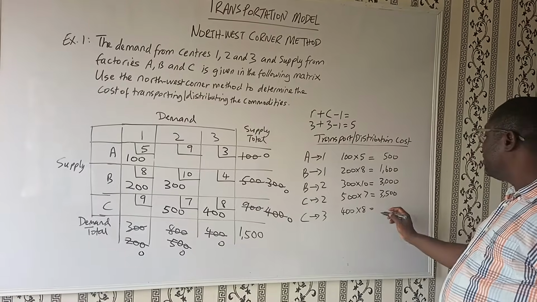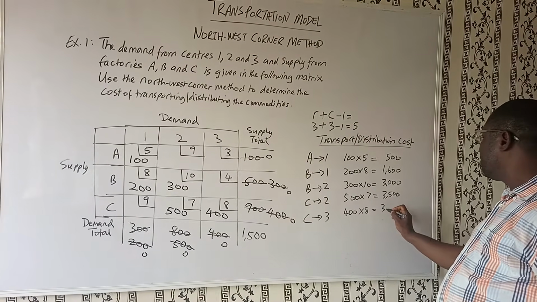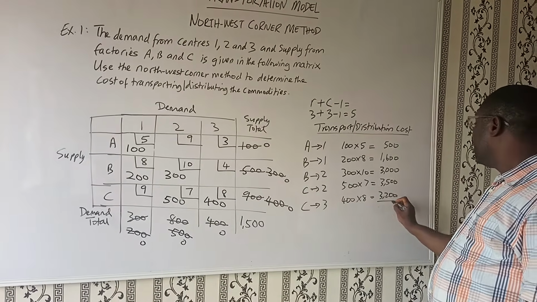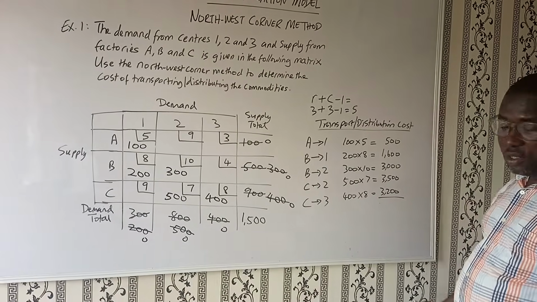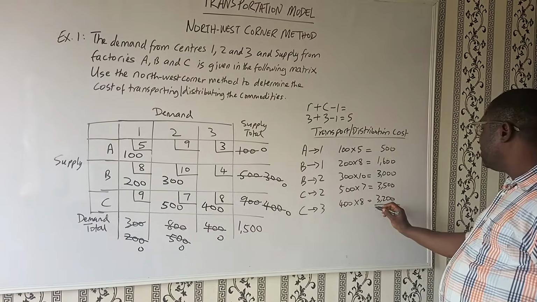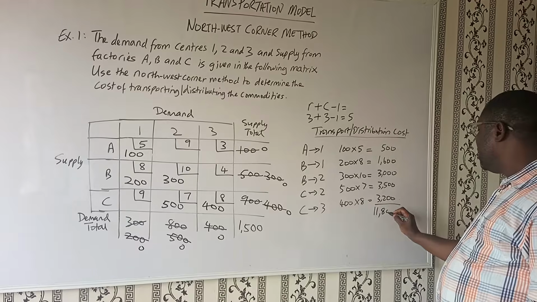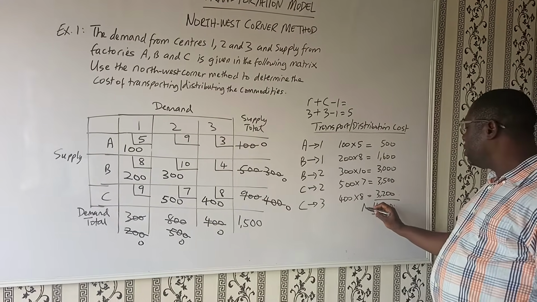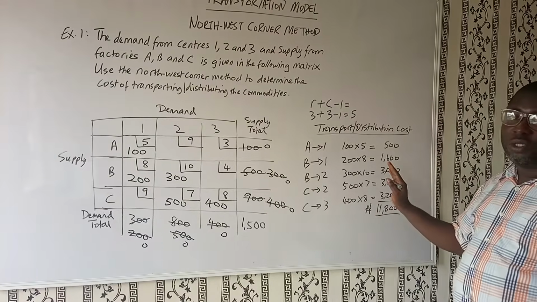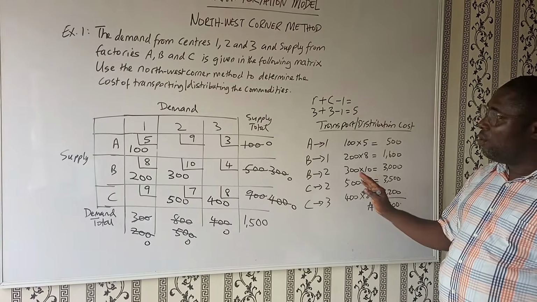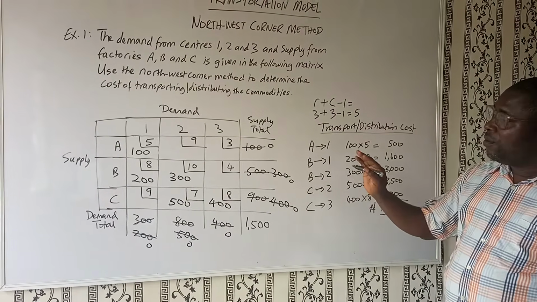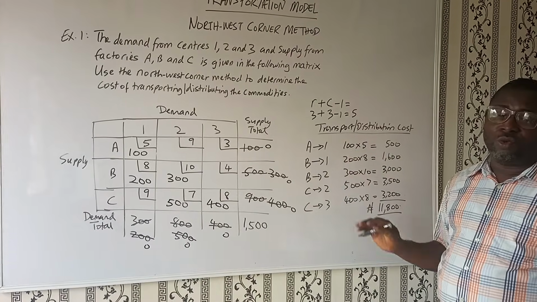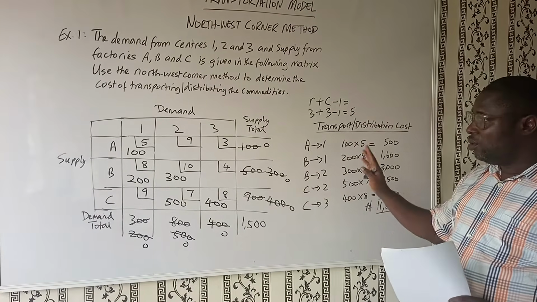And then last but not the least, 400 times 8 gives us 3,200. And then we find the total. The total should give us 11,800. So this is the cost of transporting goods or commodities from factories A, B, C to centers 1, 2, 3.